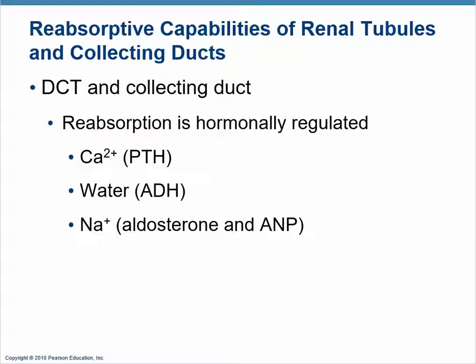Atrial natriuretic peptide is a peptide made by the heart, and it's responding to blood pressure. The thing about sodium is that it causes osmosis, which brings more liquid to the blood, which increases blood pressure, which increases the venous return to the heart.